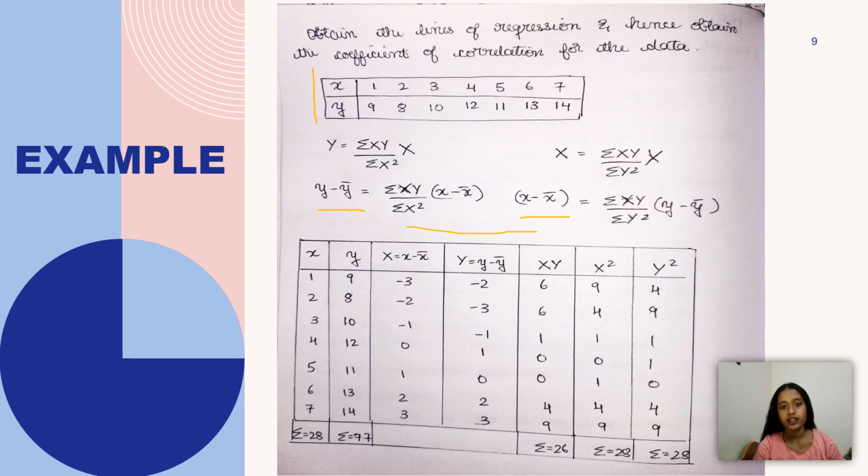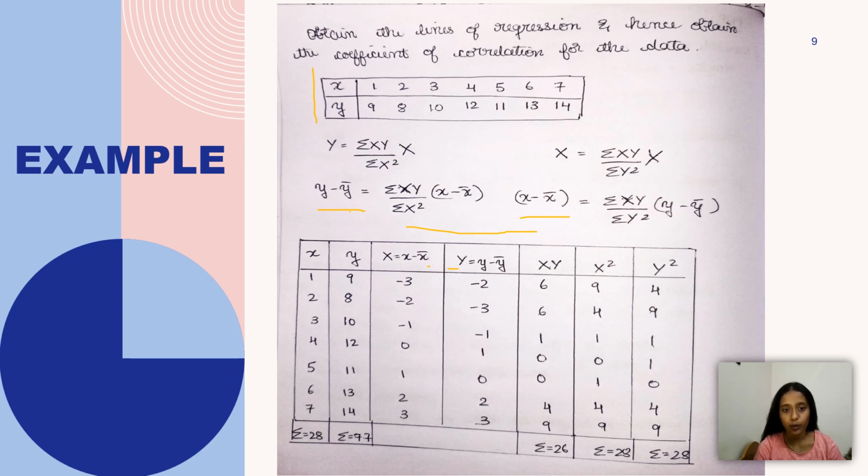So first, when the variable x and y values are given, we need to find out x equals x minus x bar, and y equals y minus y bar also. Then x into y, we need to multiply x and also y. Then we need to square the x.